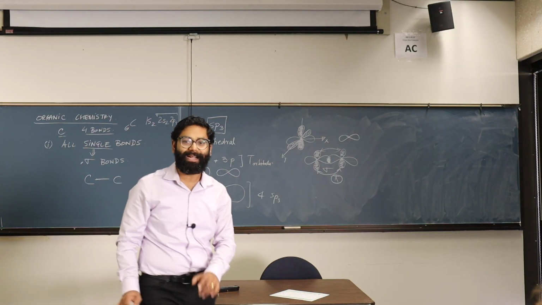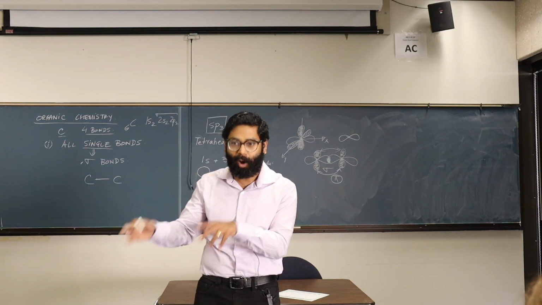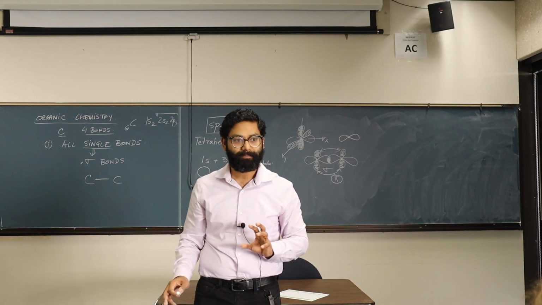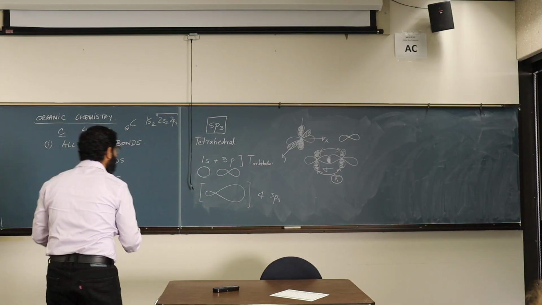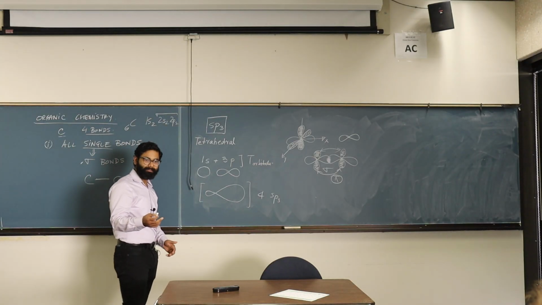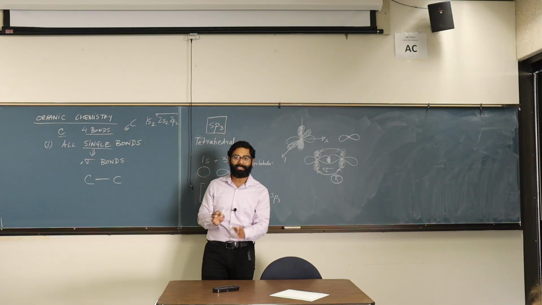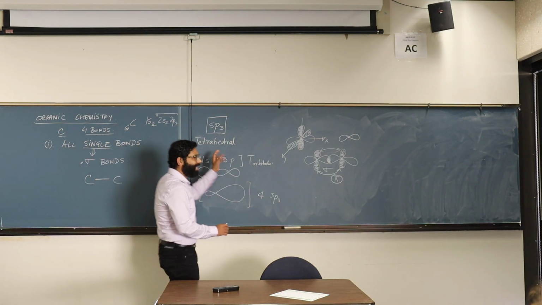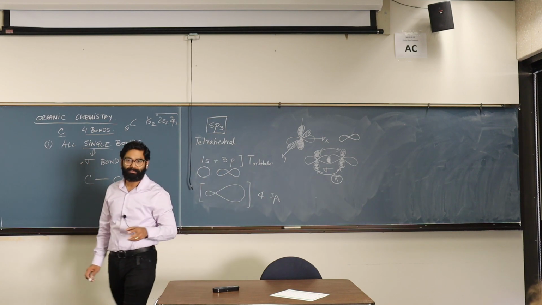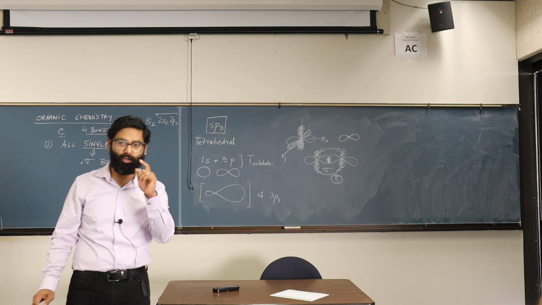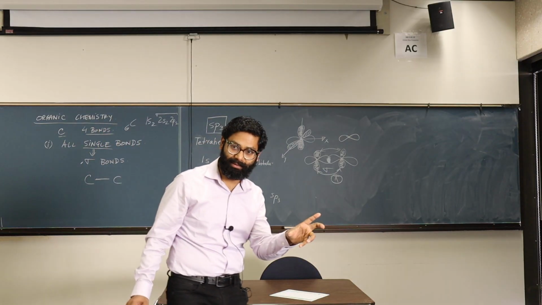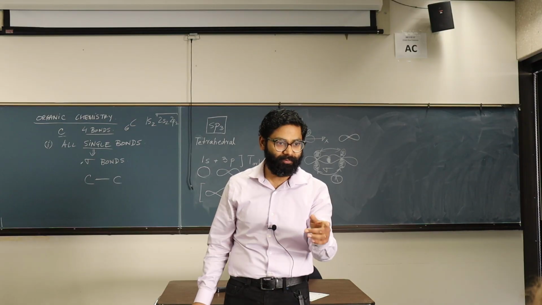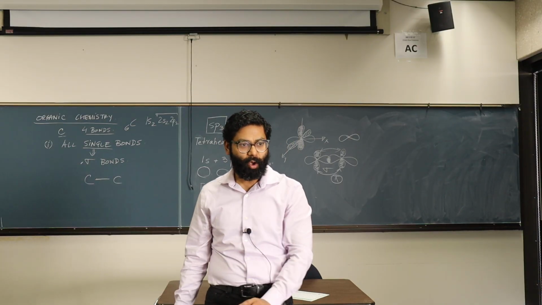Now, the double bond is a kind of sigma and pi. So when a carbon is making a double bond, what it is actually doing is making one sigma bond and one pi bond. In sp3, do you have a double bond? In an sp3 hybridized carbon, do you have a double bond, or are all the bonds single? All are single. So if you have a single bond, will you have only a sigma bond or only a pi bond?